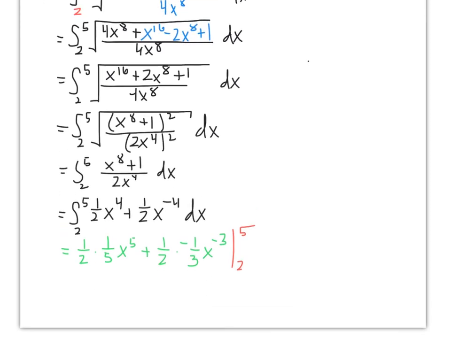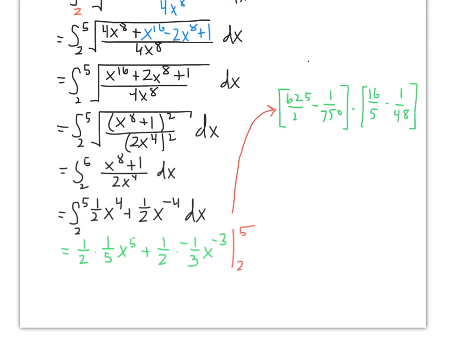And I'm going to have to move up over here. Okay, which comes out to be 625 over 2 minus 1 over 750 minus 16 over 5 minus 1 over 48.